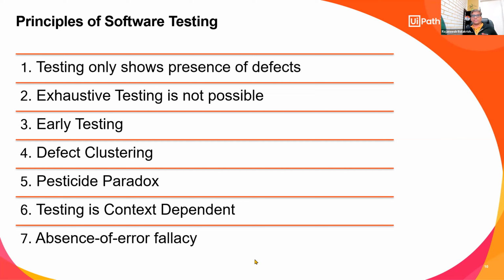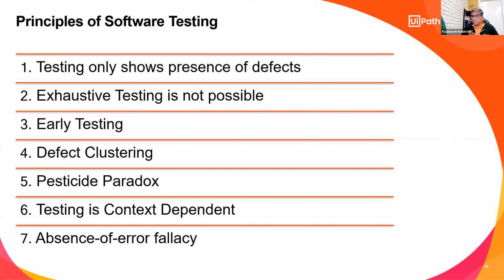So, absence of error fallacy. Which means, someone says that, I have tested everything and the application is perfectly fine to use. It doesn't work that way, even though there is no defect at all. It may not be true, because it looks like you did not test it properly, because some other user may find another defect. That is one case.